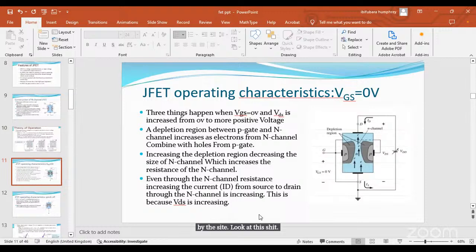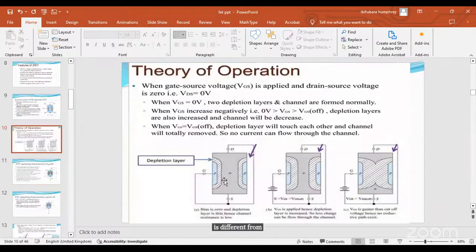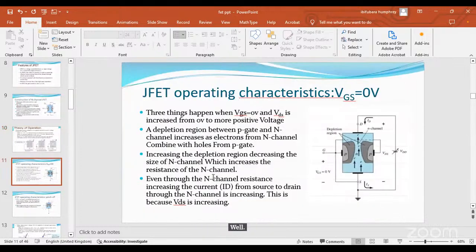It's different from this. Here we have uniformity in the shape. Both P-types are expanding at the same rate, having the same shape. But here, they are not, that is the upper and the lower. The shape here is different. You notice that the upper is closing up faster than the lower.